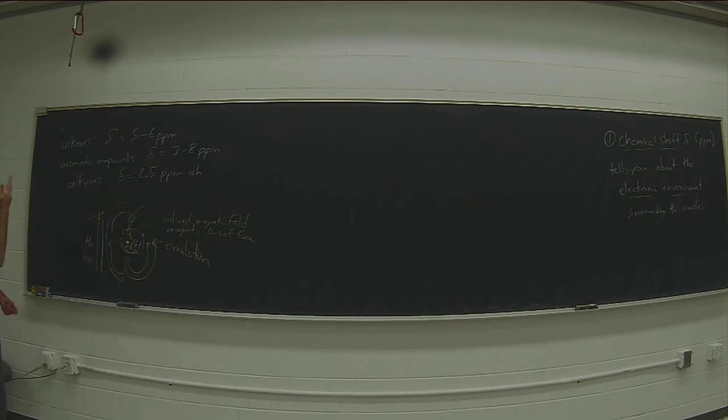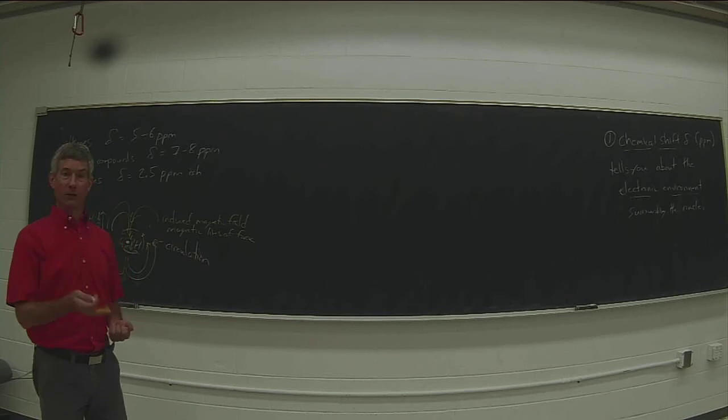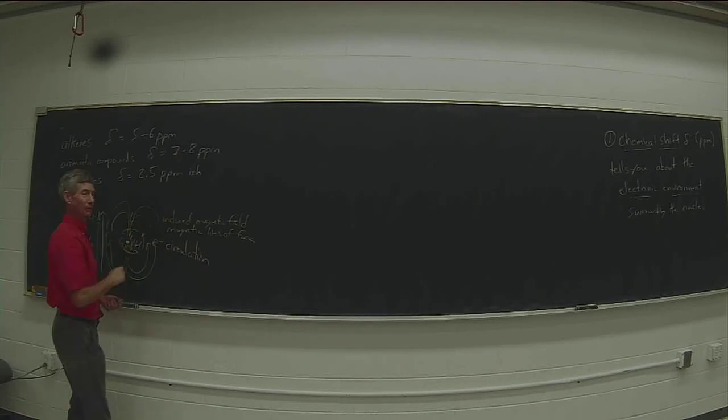So we've got compounds with pi bonds behaving very differently than ordinary hydrocarbons that just have single bonds. So what is it about the pi bonds that cause this very different effect? There must be something.